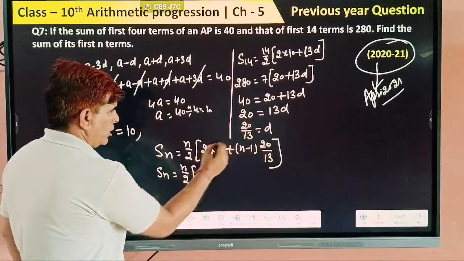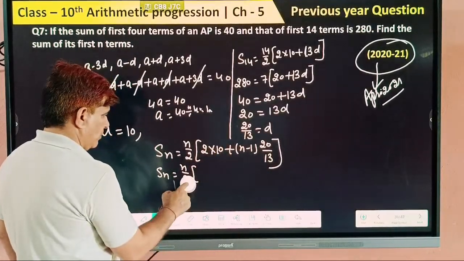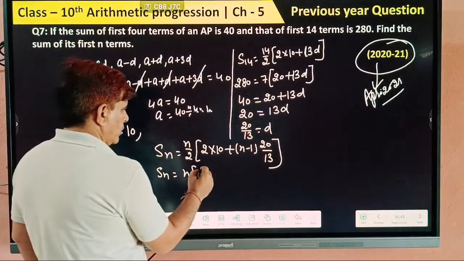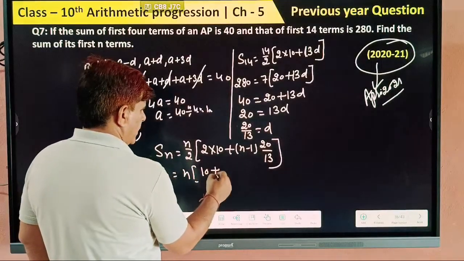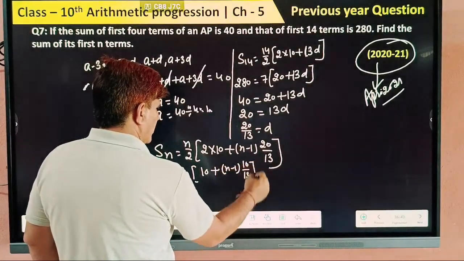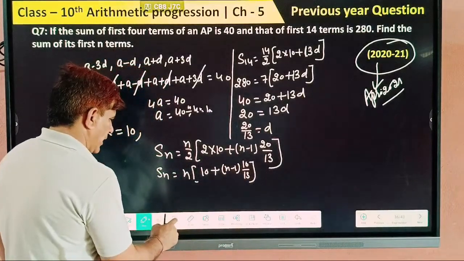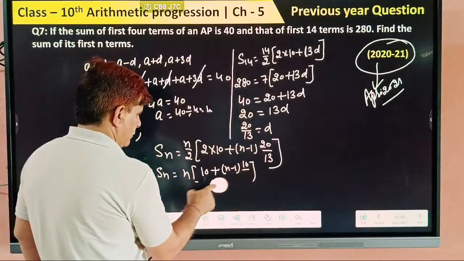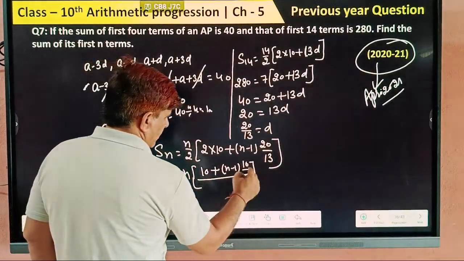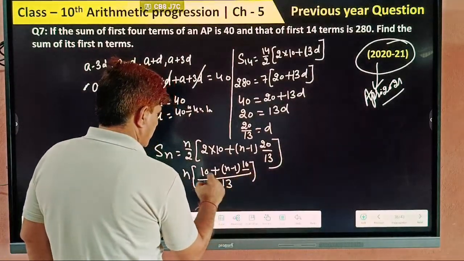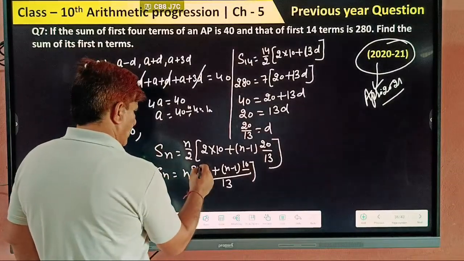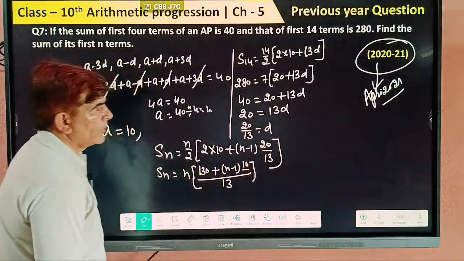So we get n times 10 plus n minus 1 into 10 by 13. Or we can take the LCM, which is 13, so it becomes 130.